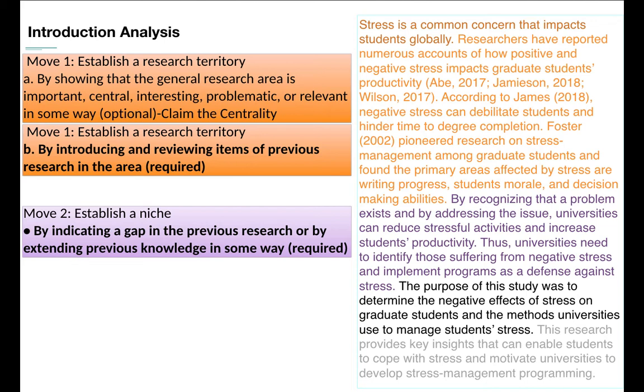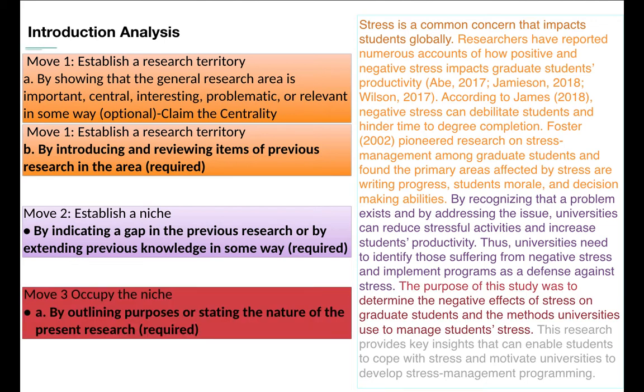Then let's read the next sentence. So we see the purpose of the study. It's easy for us to know it's time to occupy the niche. So the author outlined the purpose. But sometimes the author can also state the nature of the present research. Now, the last sentence: this research provides key insights.